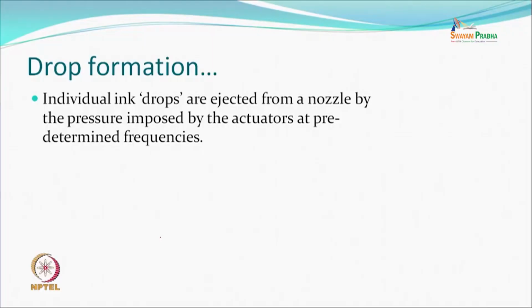Individual ink drops are ejected from the nozzle, and you apply a pressure, by various actuators, at frequencies which are predetermined. Like we probably already know, the DoD type of systems require less frequency compared to the CIJ types, and based on that frequency there are going to be pulses which eject the drops.